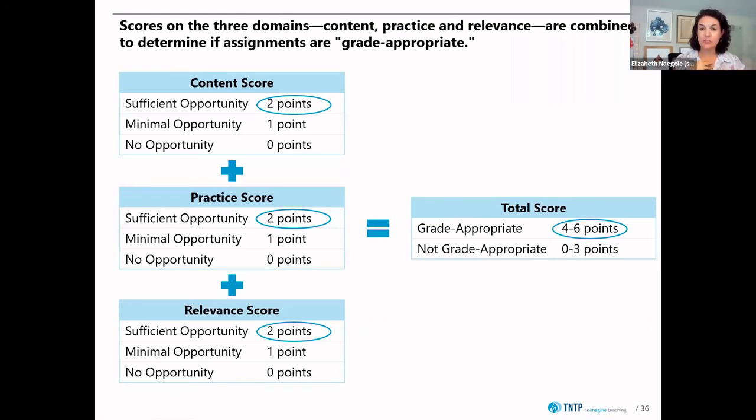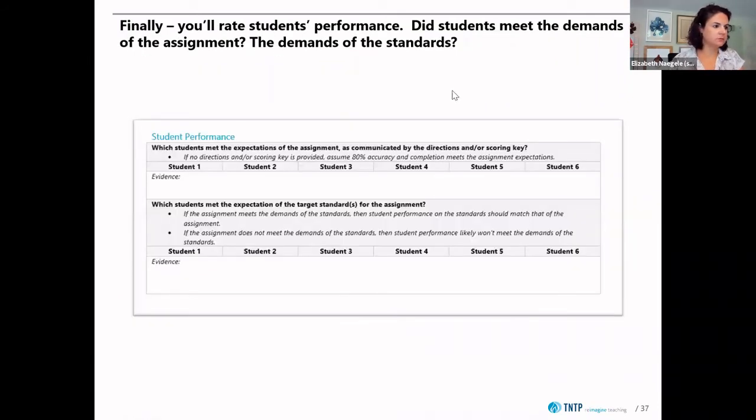It could be a really useful experience in your schools to do a collection one day: pick up the assignments, look at what they look like in your building, and figure out what percent of assignments get a 4 or better, and what percent are not grade appropriate because they get a 3 or below. That gives you an overall sense of access to strong assignments in the schools that you work at.